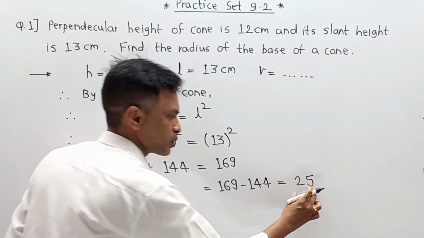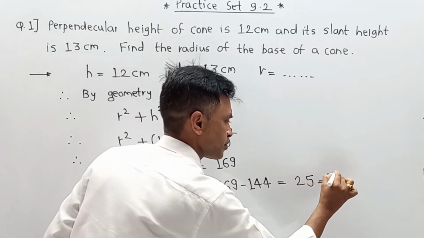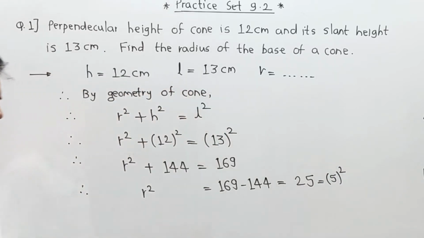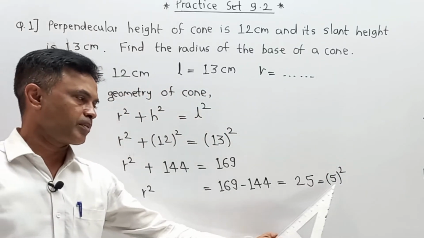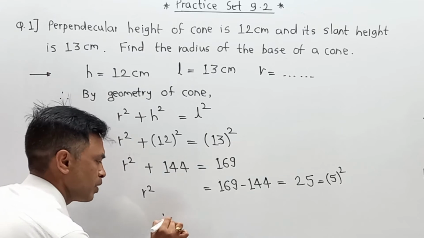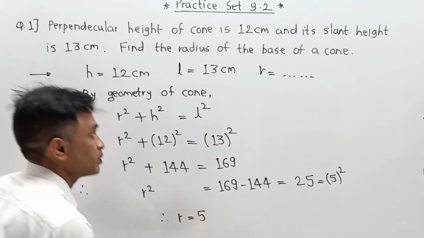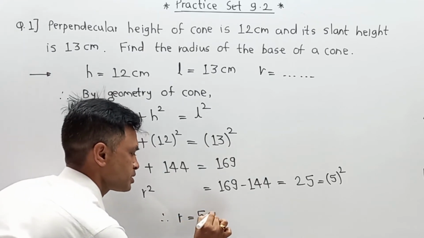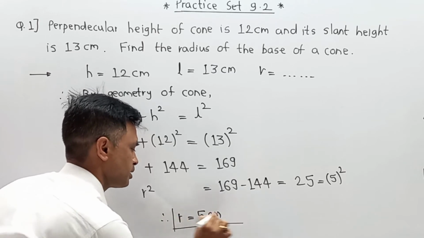So R square is equal to 25. As R square is 25, the value of R becomes 5, and the respective unit is centimeter.